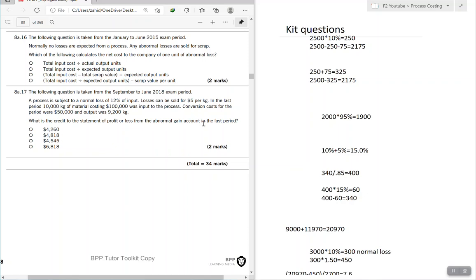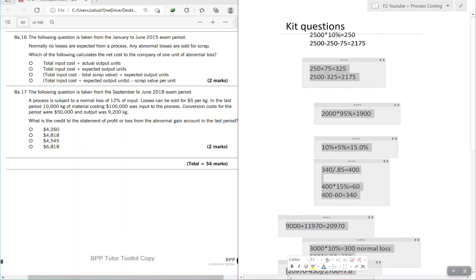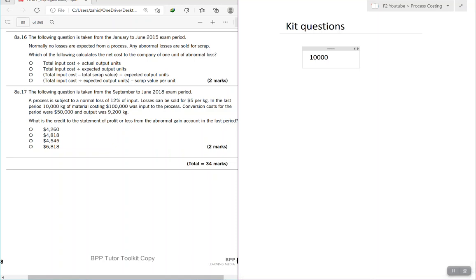Conversion costs for the period were 50,000 and output was 9,200. So we have cost, which is 100,000 plus the conversion cost 50,000. This will give us total input cost.